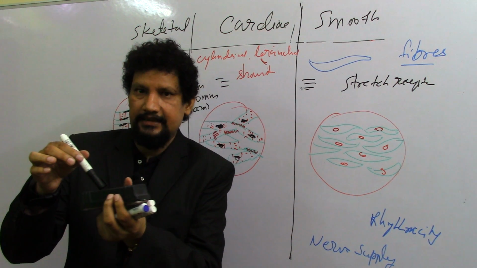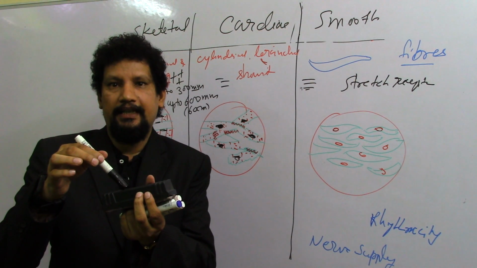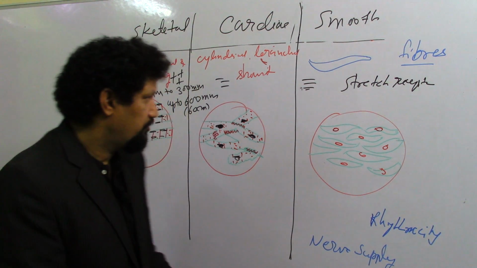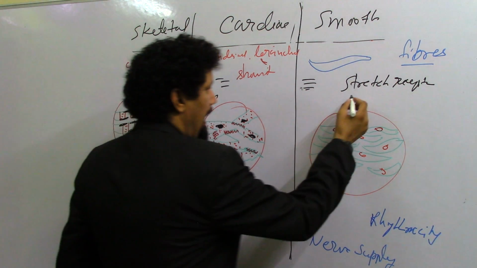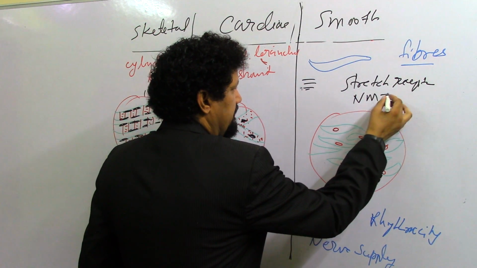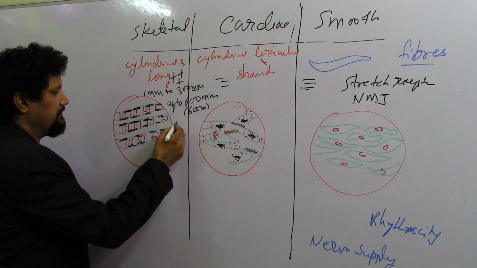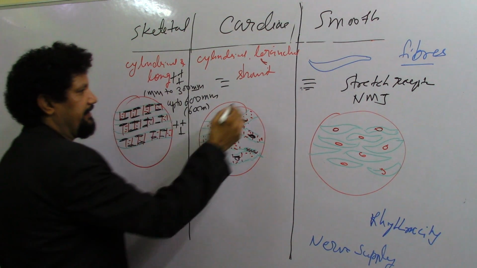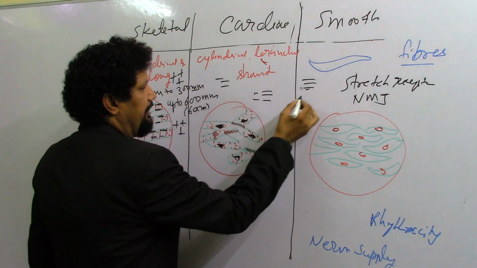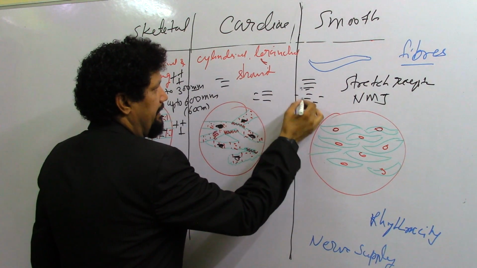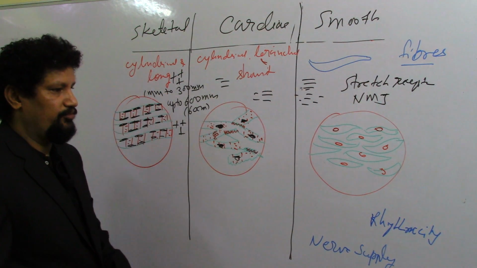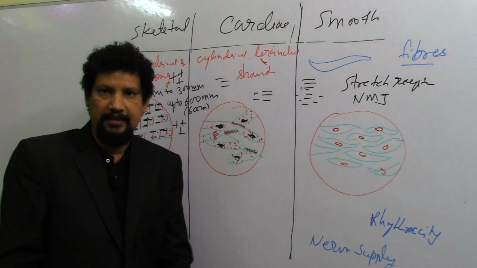This is known as the neuromuscular junction. So neuromuscular junction, NMJ, is seen in the skeletal muscles, but it is not seen in the cardiac muscles and in the smooth muscles.